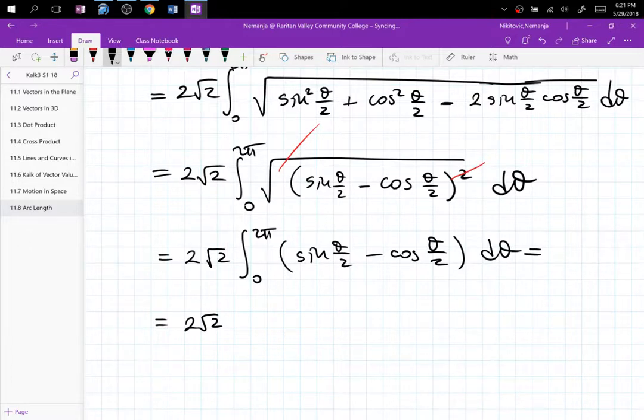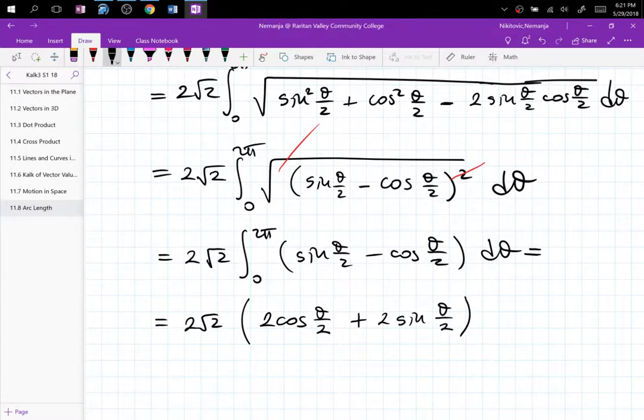Integral of sine is cosine, right? So this has to be 2 cosine theta over 2. That's the integral. Integral of cosine is negative sine, and you have this negative, so plus 2 sine theta over 2, from 0 to 2 pi.